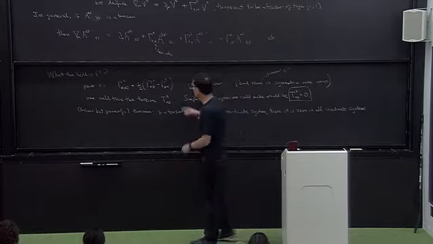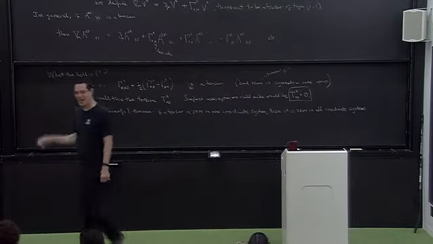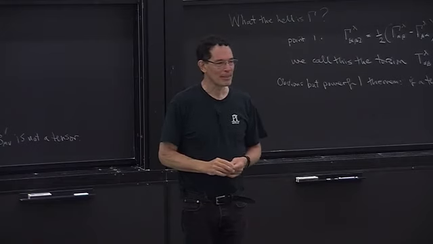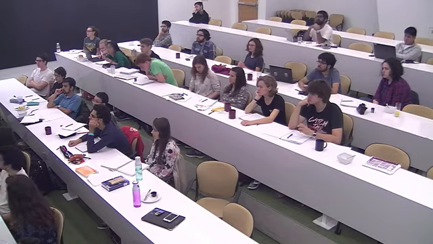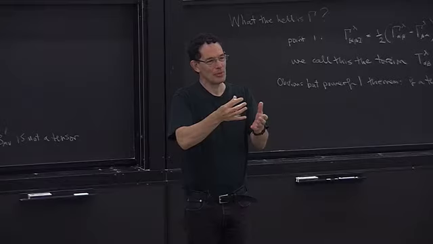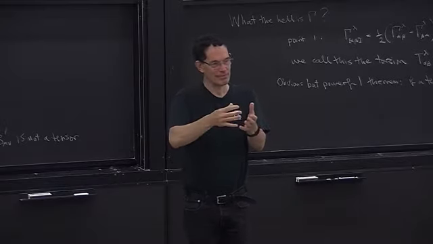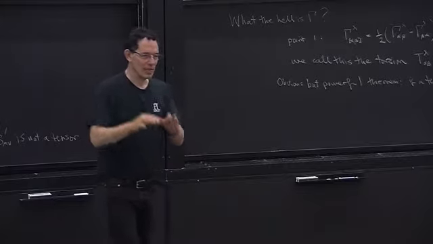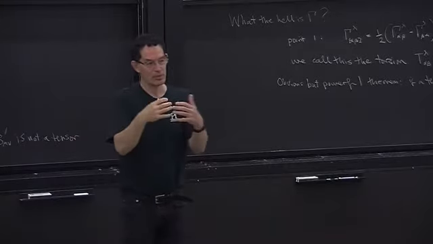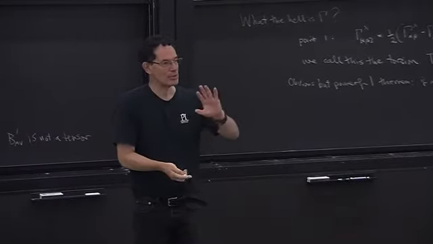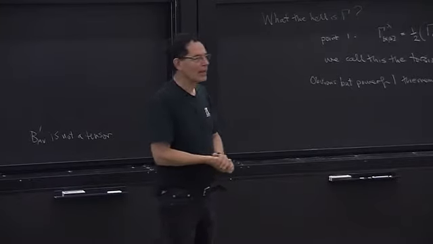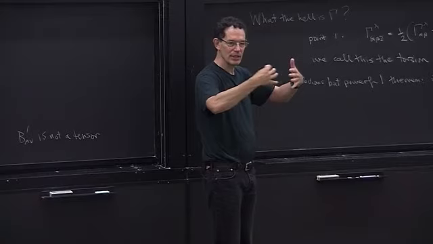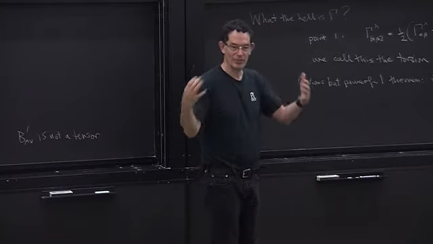But when they did all this, have you heard of somebody called Kibble, Tom Kibble? You've heard of the Higgs. One of the people who made Higgs realistic, who discovered how to do spontaneously broken gauge theories, was Tom Kibble. And Tom Kibble, in the early 60s, connected gravity to fermions, Dirac fields.